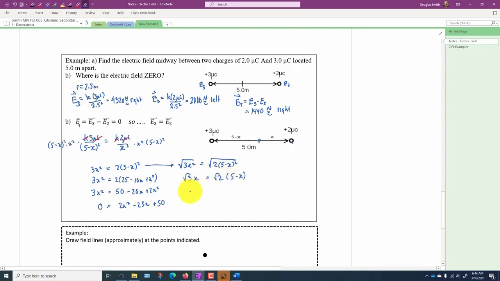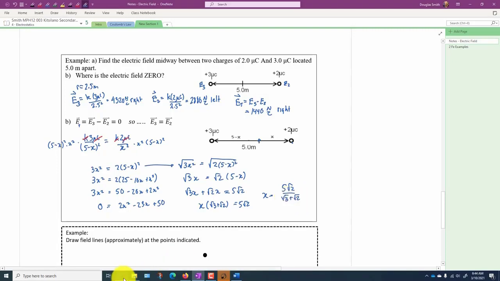If I distribute the root 2 and move things over here, I get plus root 2 x minus 5 root 2 equals 0. Actually, I'll just keep it on that side. So I factor out the x, and I get x times root 3 plus root 2 equals 5 root 2. So x equals 5 root 2 over root 3 plus root 2.